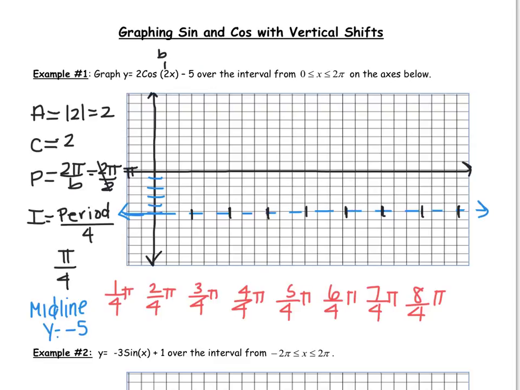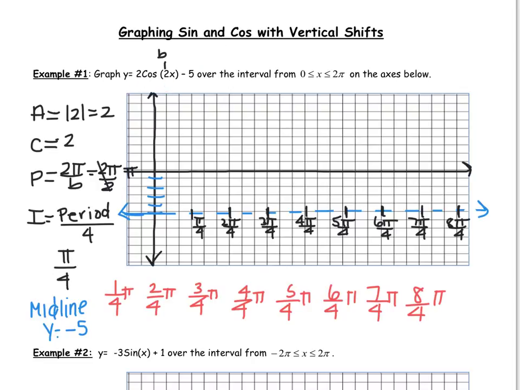So this one I can count as pi over 4, 2 pi over 4, 3 pi over 4, 4 pi over 4, and 8 pi over 4. Okay? So now I'm going to graph this just like I normally would. 2 cos 2x.